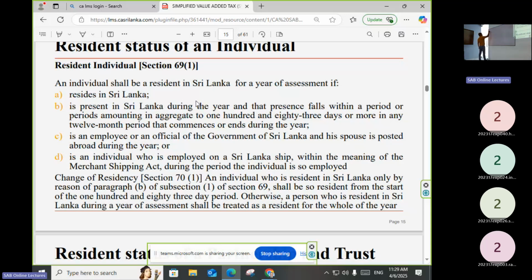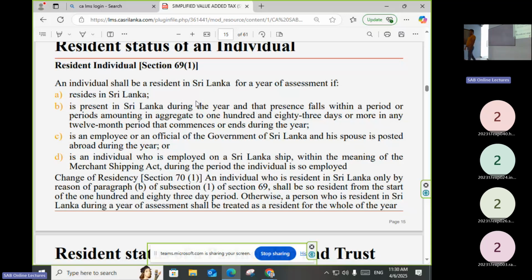Now you know our year of assessment starts on 1st April 2024 and goes till March 2025.